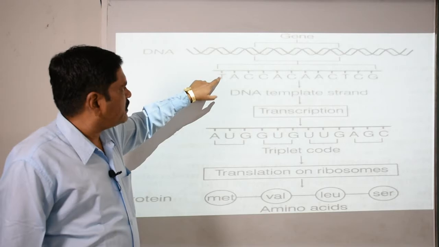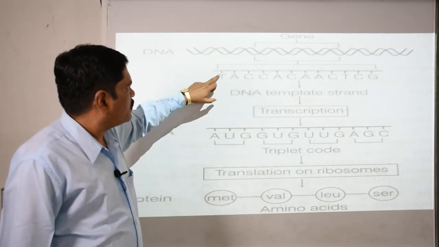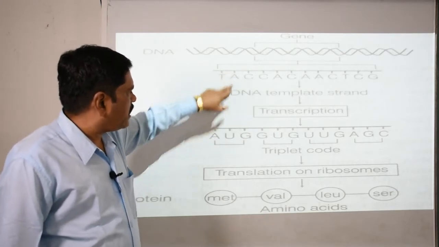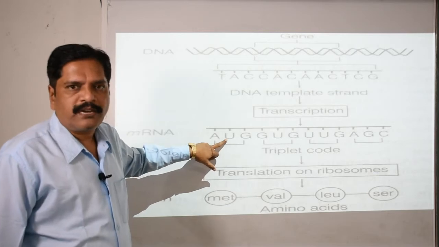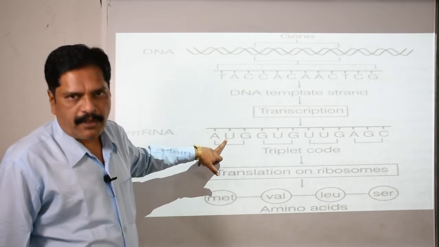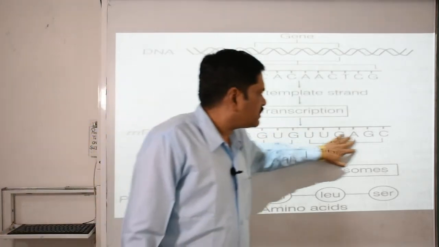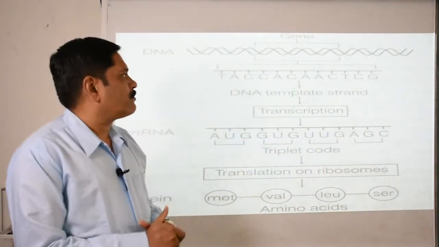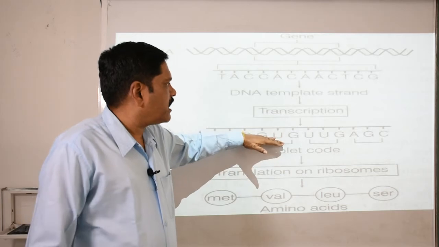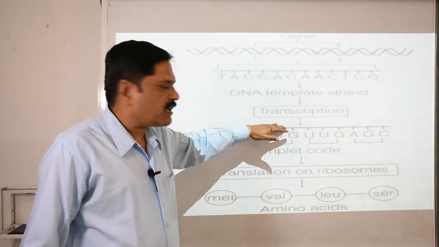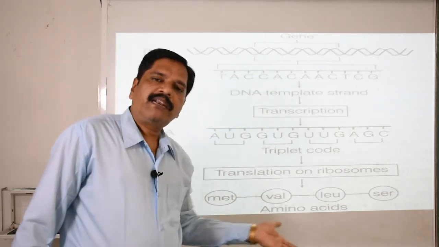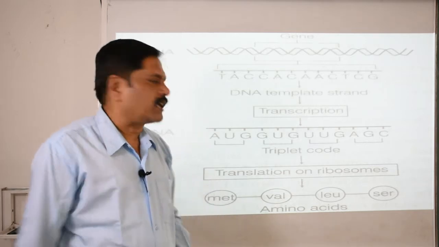And what you observe, yes, TAG, okay. So T is replaced by A is replaced by U, you know that U is the component of mRNA which is absent in the DNA, right. This way this specific segment is obtained in the form of mRNA, and this process is called transcription. Then this mRNA is transferred from the nucleus to the cytoplasm.